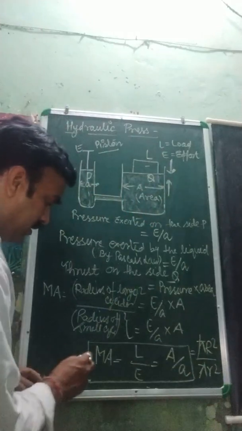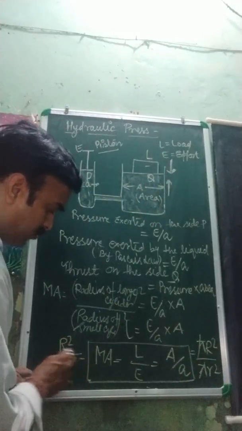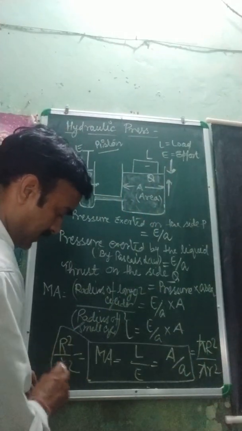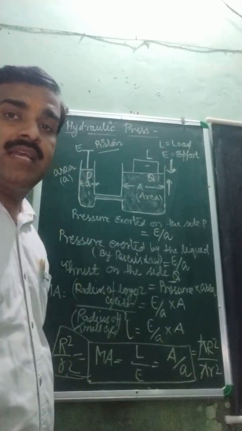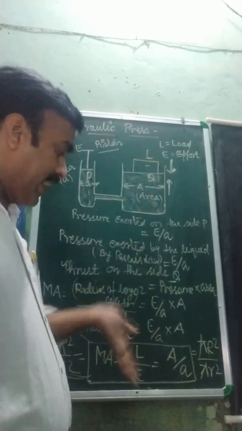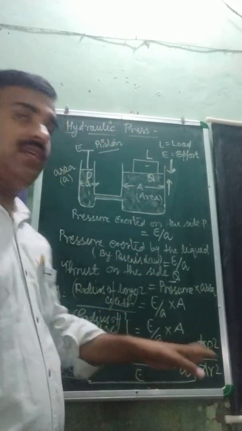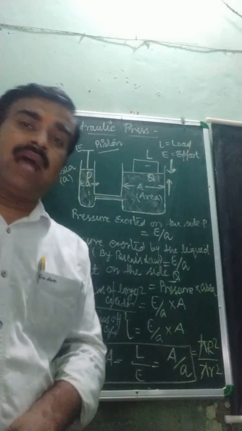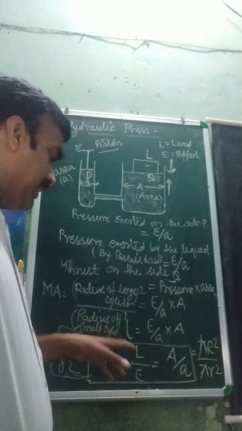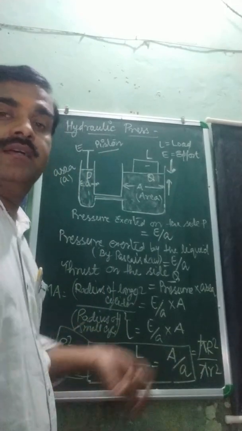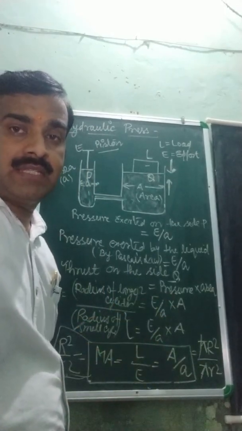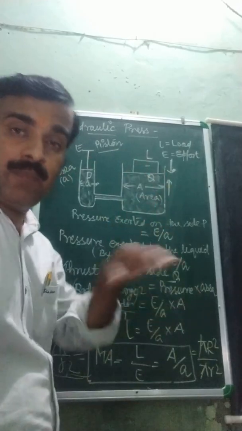So we can write mechanical advantage equals capital R square by small r square. This is the formula. Here we have verified that mechanical advantage equals the area of the larger piston upon the area of the smaller piston, or the radius of the larger cylinder squared upon the radius of the smaller cylinder squared.